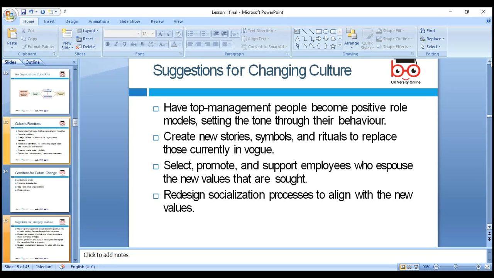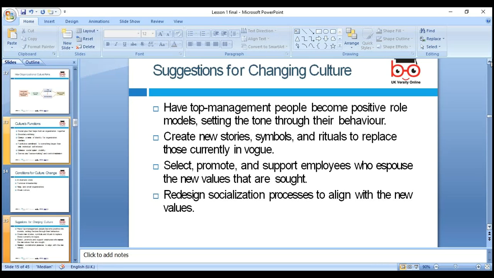So we need a new sort of symbols: new logos, new billboards, a clear message, and select, promote and support employees. With new values, we need to redesign the socialization process to align with the new values.